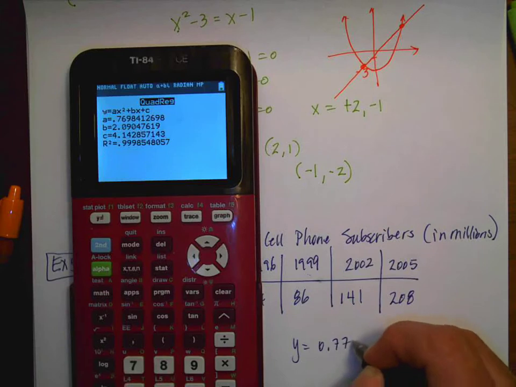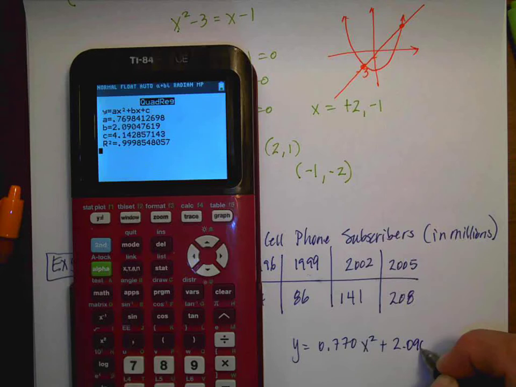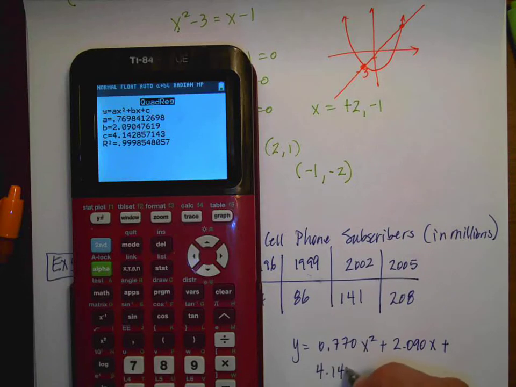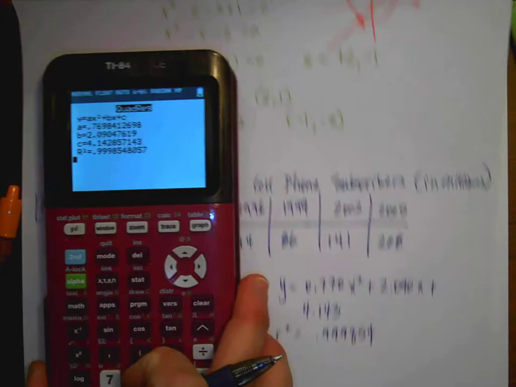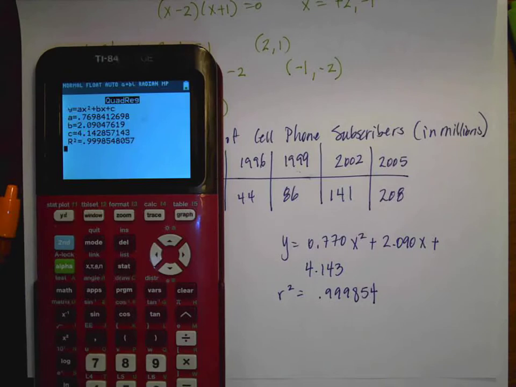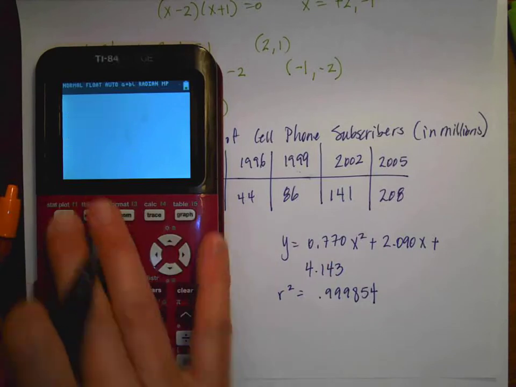At this point, I would write this equation down. So I get y is equal to 0.770x squared plus 2.090x plus 4.143. And I'm going to write down that r squared is equal to 0.999854. I'm going to need that in a moment.